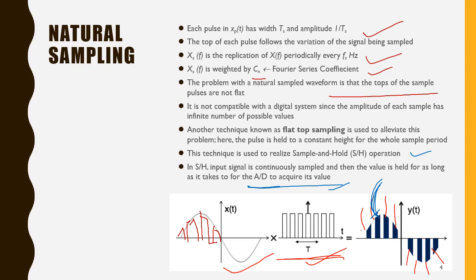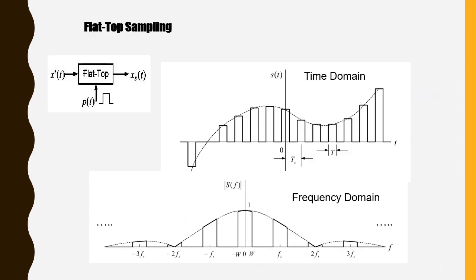Now let us look at the next kind of flat top sampling, given as x dash of t. Please note it is x dash of t, which is flat top sampled with the pulse train p of t, or multiplied with the pulse train p of t to get the samples xs of t. What is this x dash of t?